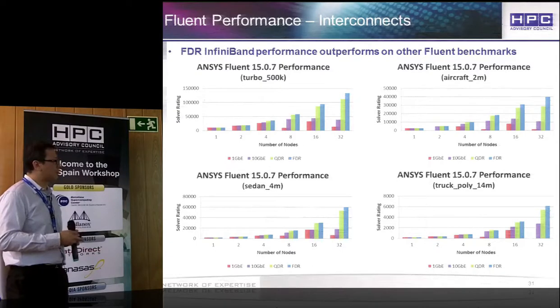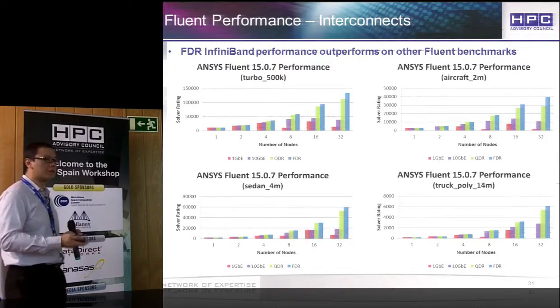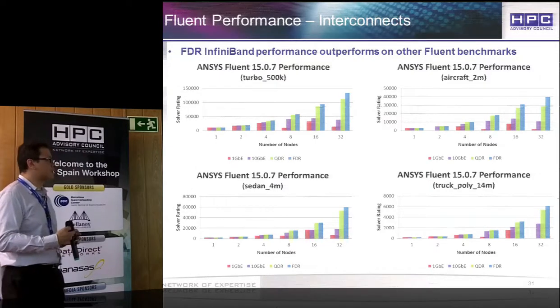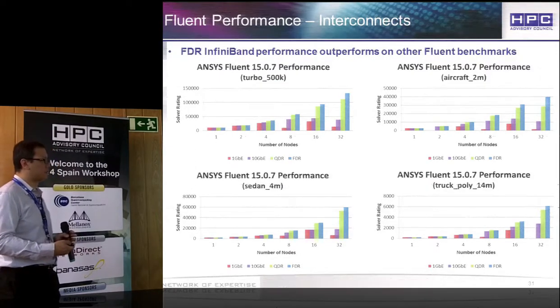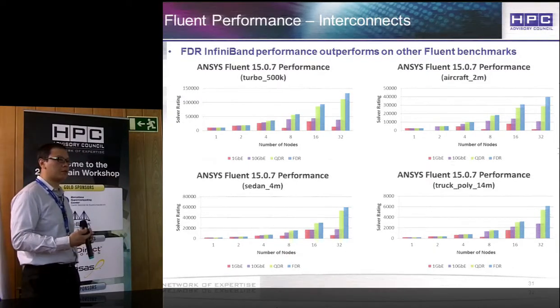This is another view of the previous comparison, but with other test problems that are given for ANSYS Fluent. You'll see similar performance differences throughout all these input data that they give for benchmarking.